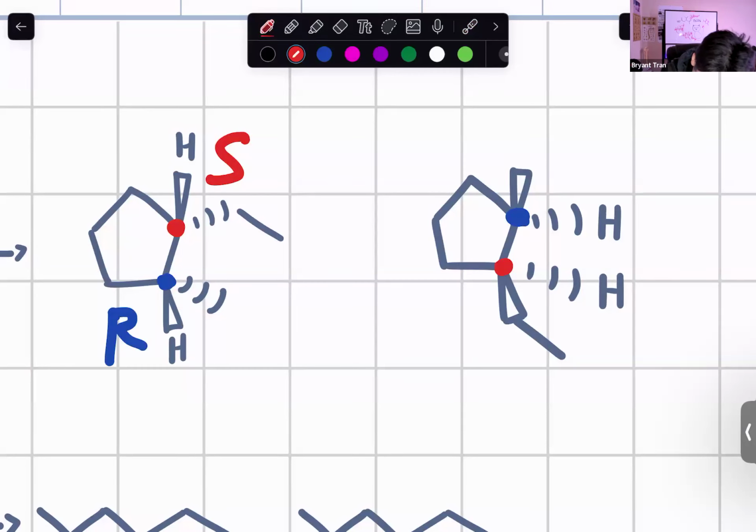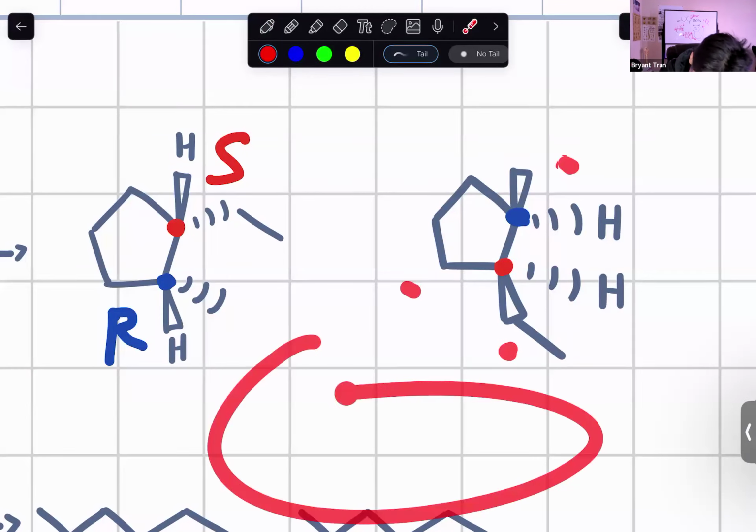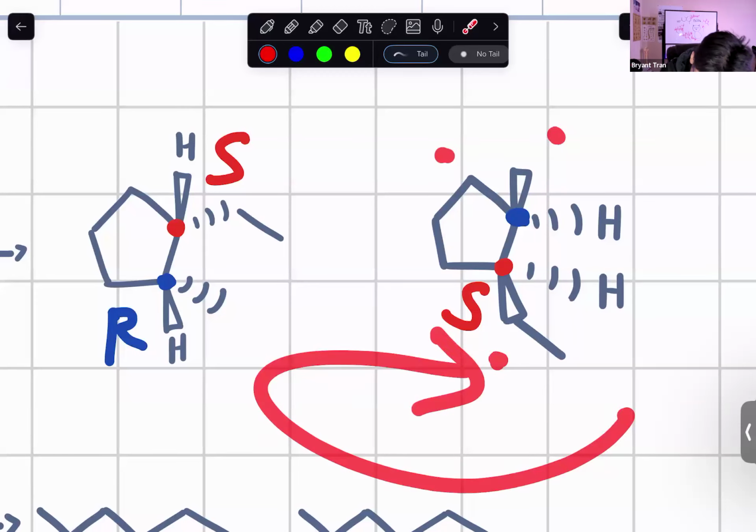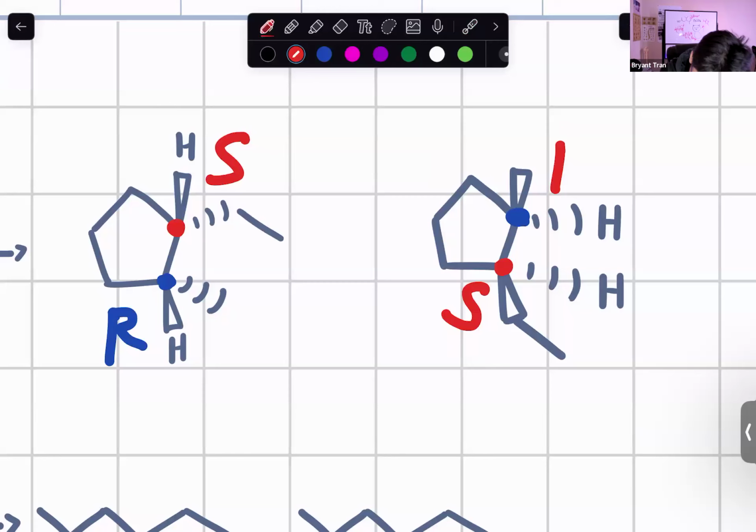Okay, let's look at this red one here. This is 1, 2, 3. So this is S, and it stays S because hydrogen is on the backside. And for blue, that's going to be 1, 2, 3, R, and it stays R because hydrogen is on the backside.